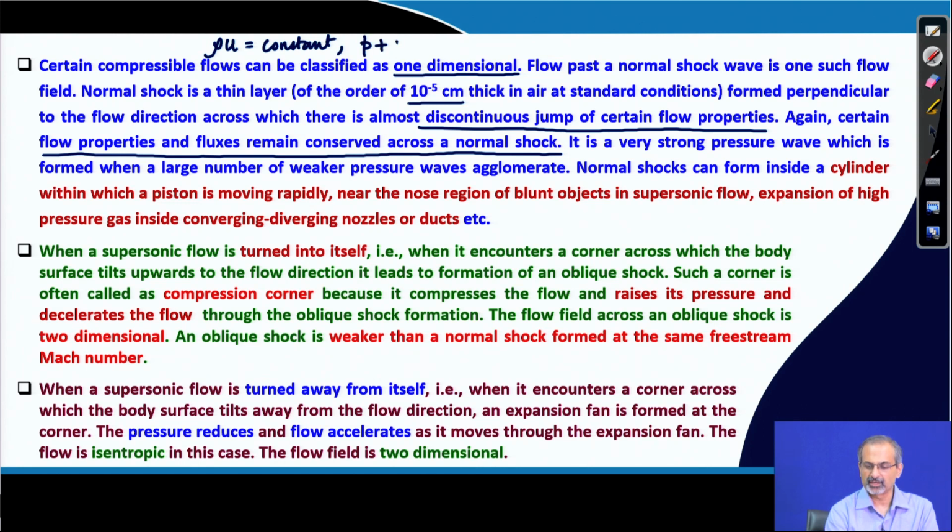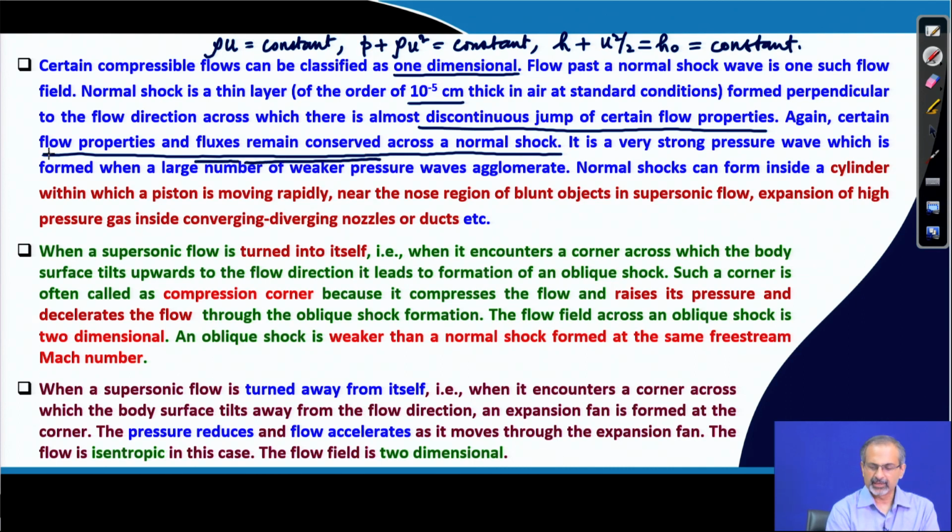The sum of pressure plus rho u square remains constant across a normal shock, plus h plus u square by 2, which is h naught, that also remains constant across a normal shock. So, that is what we mean by saying that certain fluxes remain conserved across a normal shock.